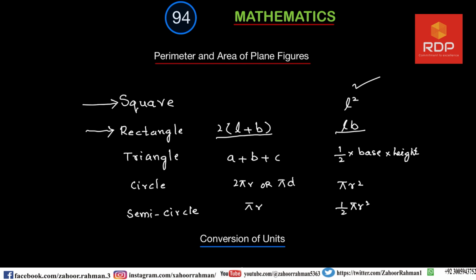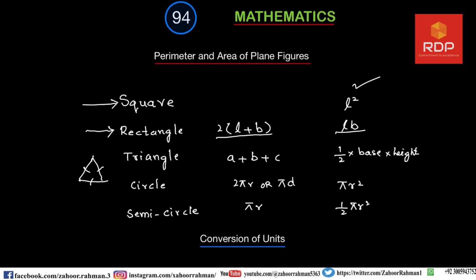Similarly, in case of the triangle, if there is a triangle like this and we want to find the perimeter, so this side, and this side, the length of all these sides will be added, and as a result we will get the perimeter.